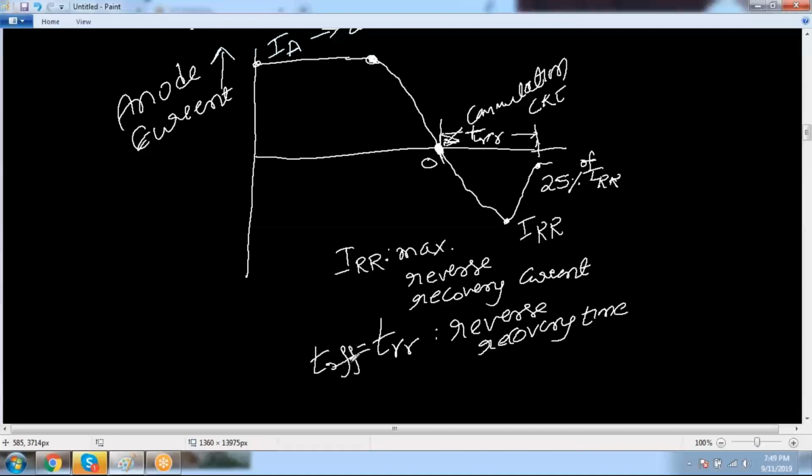But there is a minute difference between diode and SCR. We'll discuss that in the next sessions. Now, this TRR can be divided into two parts. One is TA, and one more is called TB.